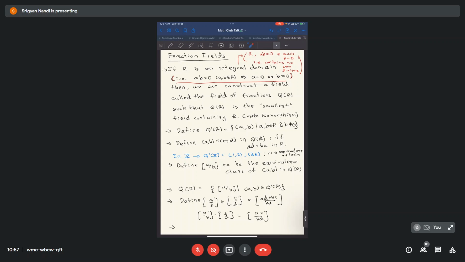And this can only be guaranteed if it is an integral domain. So this is why we can only perform the field extension on such integral domains. Now that we have defined addition and multiplication, 0 by 1 is the additive identity, and 1 by 1 is the multiplicative identity.